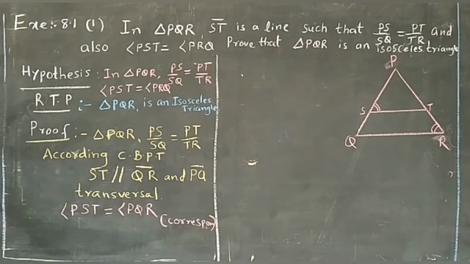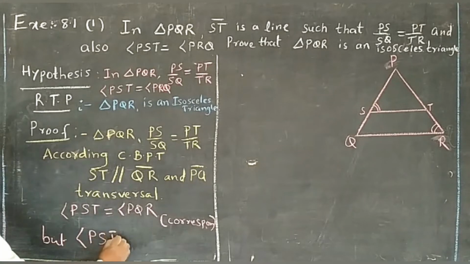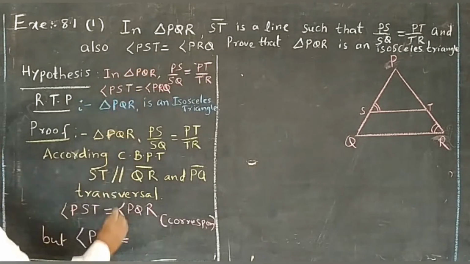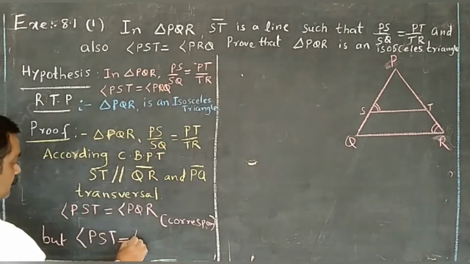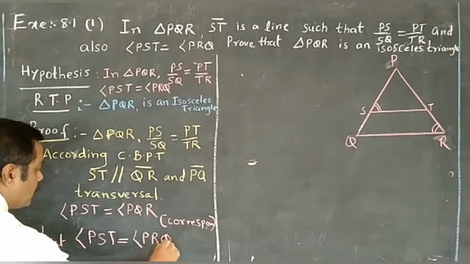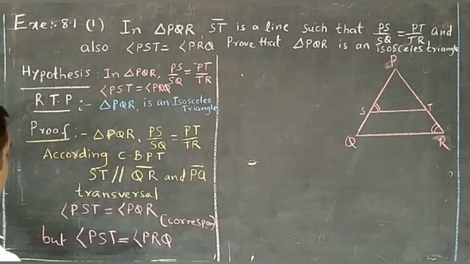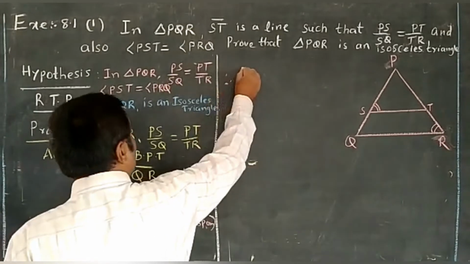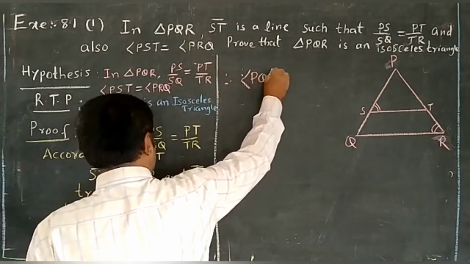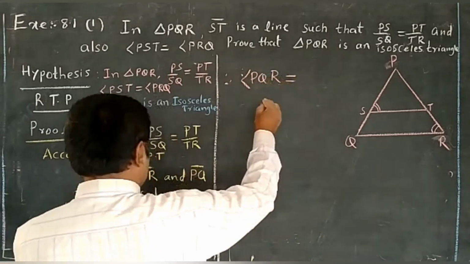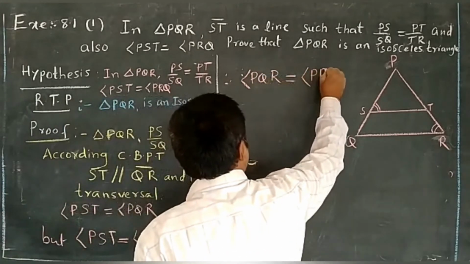Okay children, but this angle PST is equal to, as given, PRQ. In the given it is PRQ. So, angle PST is equal to both. Therefore, angle PQR is equal to angle PRQ.